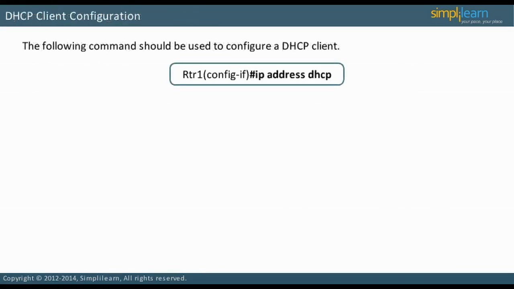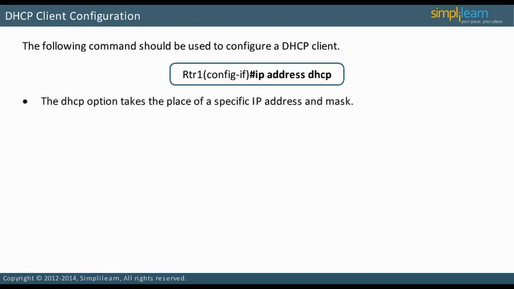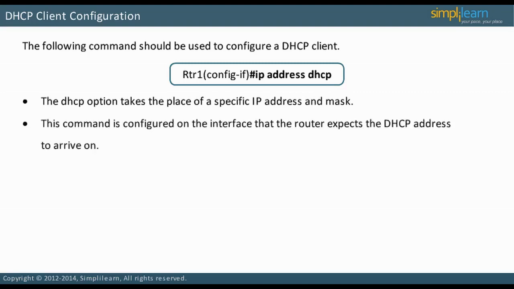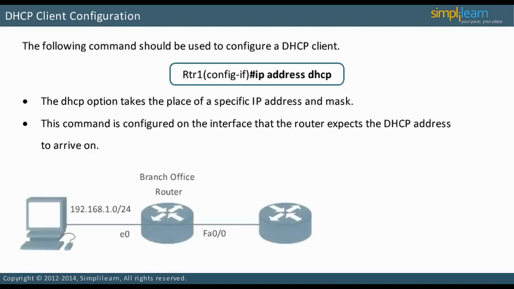Enter the command ip address dhcp to configure a DHCP client. The DHCP option takes the place of a specific IP address and mask. This command is configured on the interface that the router expects the DHCP address to arrive on. This is the interface closest to the DHCP server in terms of routing metrics.